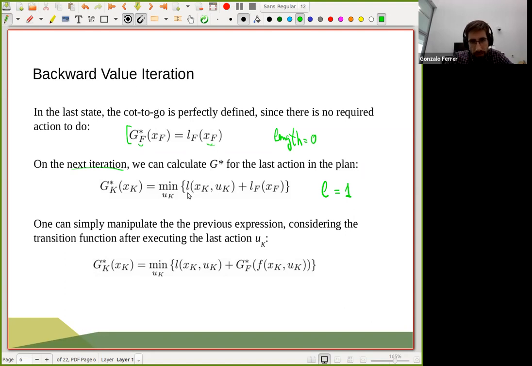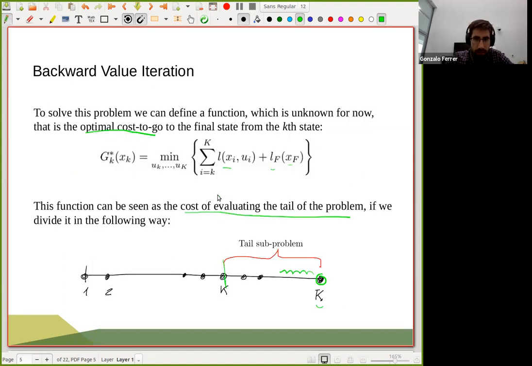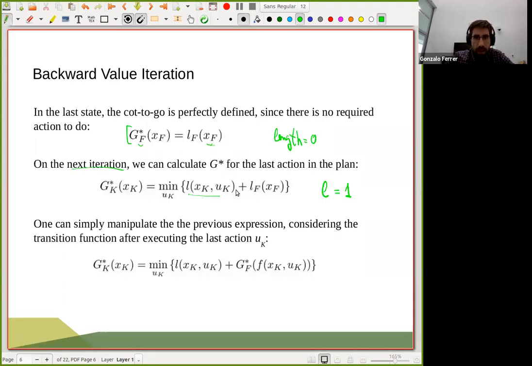Length 1 means that there's only a single edge that we are traversing. So that's why we are writing just this single element, not a summation as it was here, plus the final cost, right? So here we are not making any assumption. This is exactly correct, right?